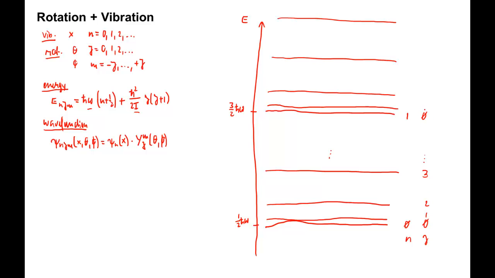And again, 0, 1, 2, 3, 4, and so on. Any label with j larger than 0 contains multiple degenerate states.